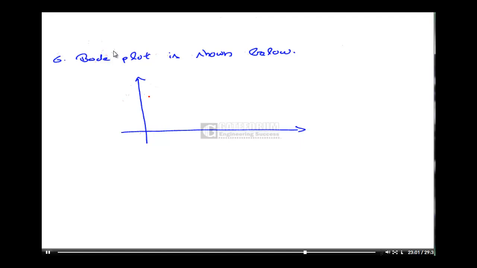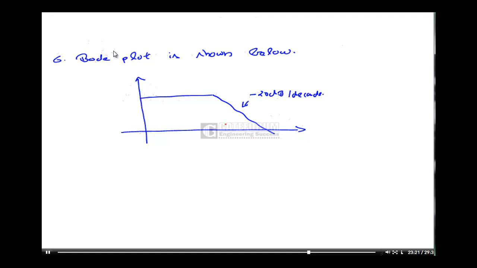One more problem. This problem has appeared in GATE 1992. We will solve the problems that appeared in GATE in 2-3 sessions. For this, a Bode plot is given. The rate of decay of this is minus 20 dB per decade.